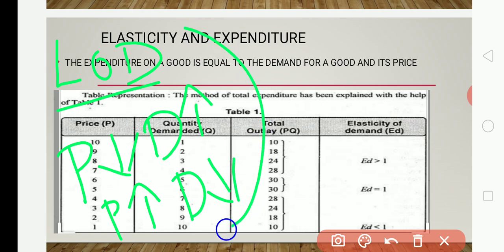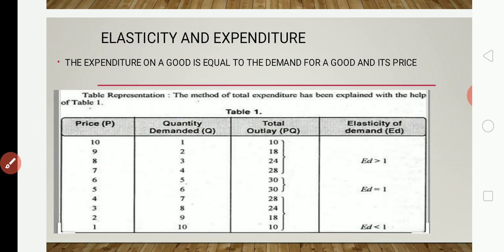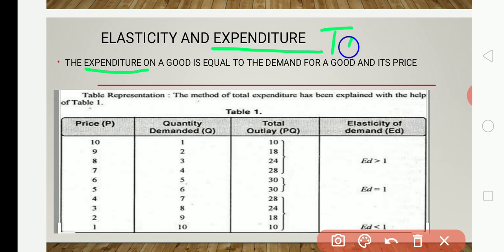You know that. The same values have been depicted here. We are going to calculate a small problem here. Let me tell you how to calculate. The expenditure on a good is equal to the demand for the good times its price. I'll write it down here. Expenditure, I can also use the term total outlay.